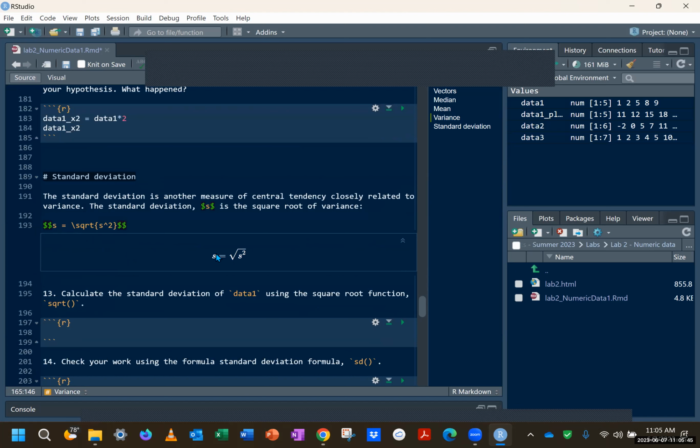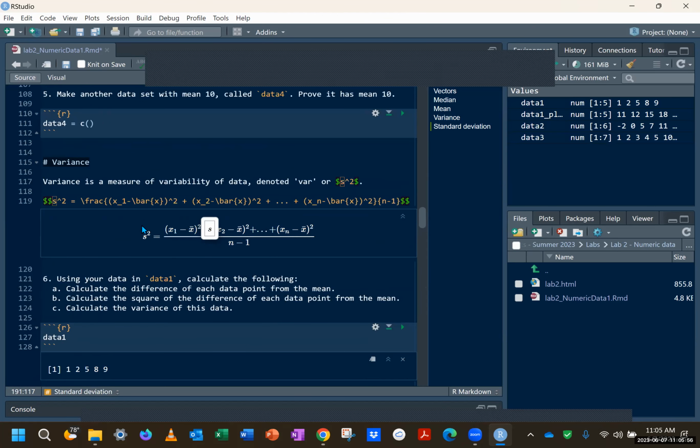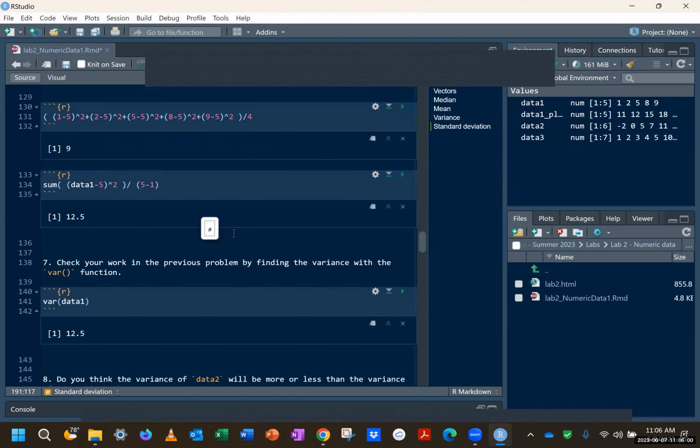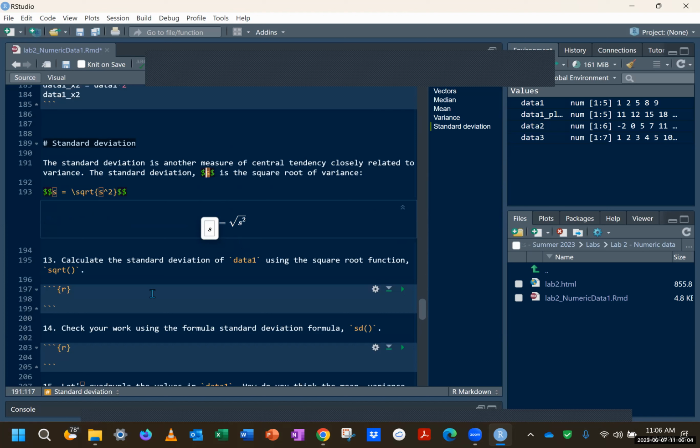The standard deviation is the square root of the variance. And we always use S to measure standard deviation. And you can see why now that we use S squared to represent the variance. So what is my standard deviation of the data 1? Well, we found the variance of data 1, right?